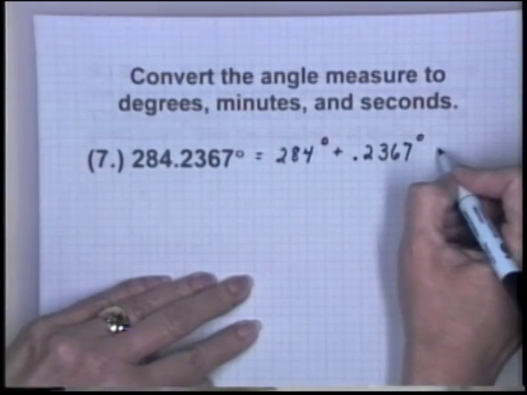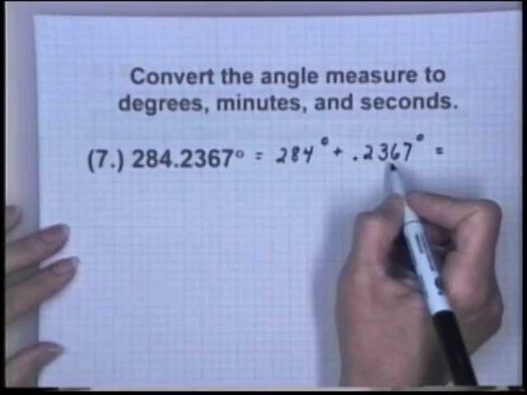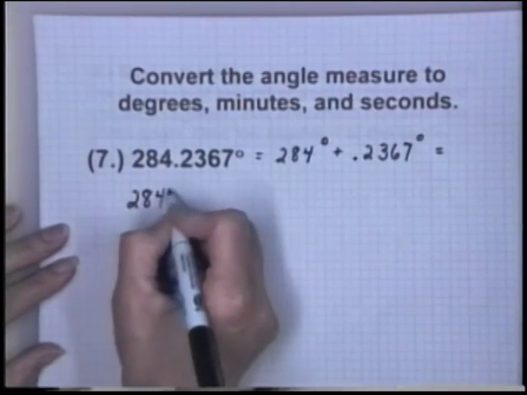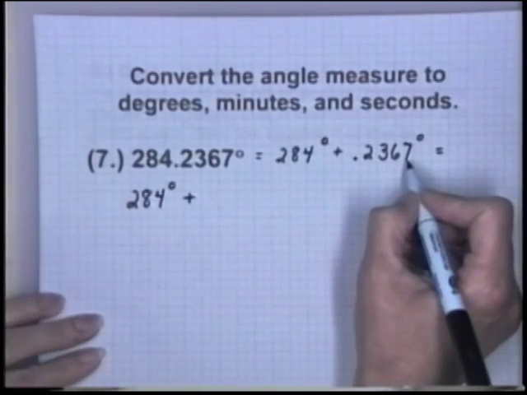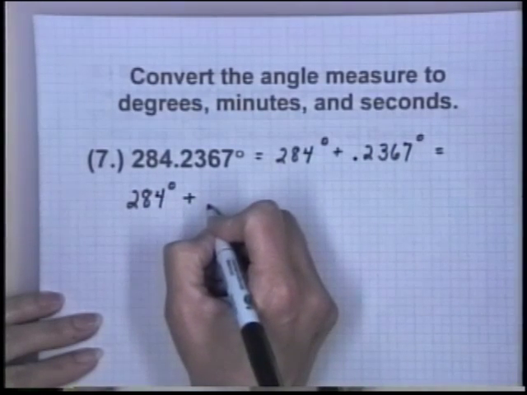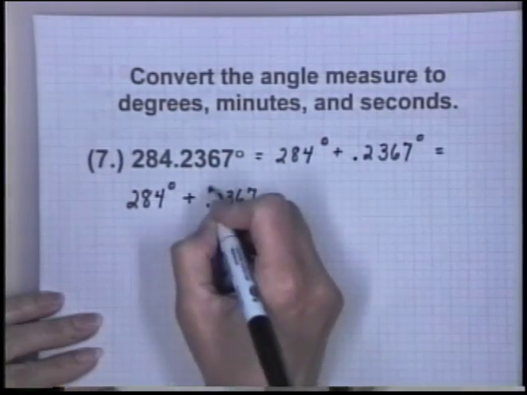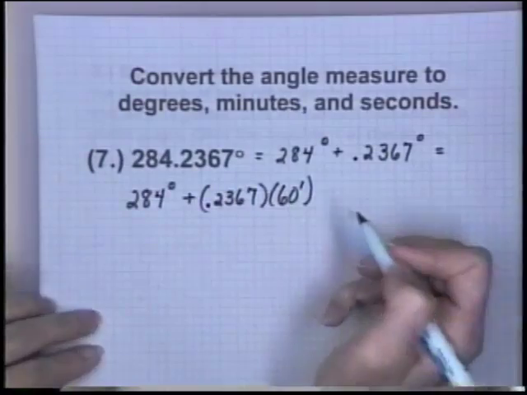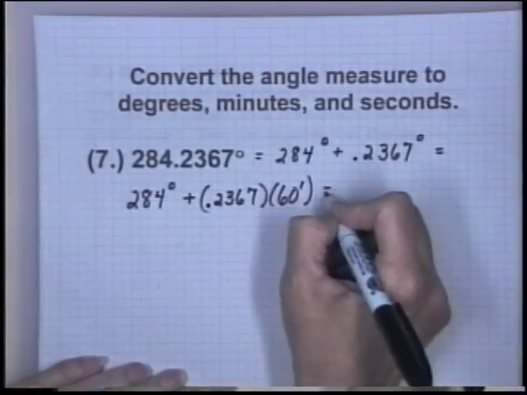And what we want to do is to figure out how many minutes and seconds that's equal to. So we'll write the 284 degrees, and to figure out how many minutes this is equal to, we will multiply 2,367 ten-thousandths times 60, because there are 60 minutes in a degree.